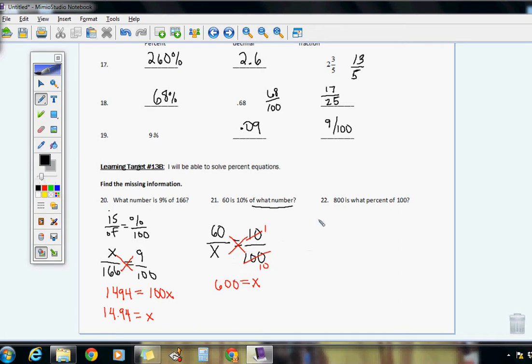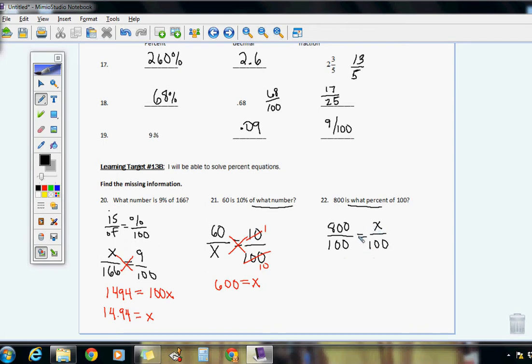All right, and then over here, 800 is, so here we go, 800 is of 100. They're asking for the actual percent here, so I'm going to call the percent x, and obviously over 100. Now I want you to pause here and just look at this. If you understand what an equal sign means, then hopefully you'd see that if the bottoms are the same, then the tops would have to be the same.